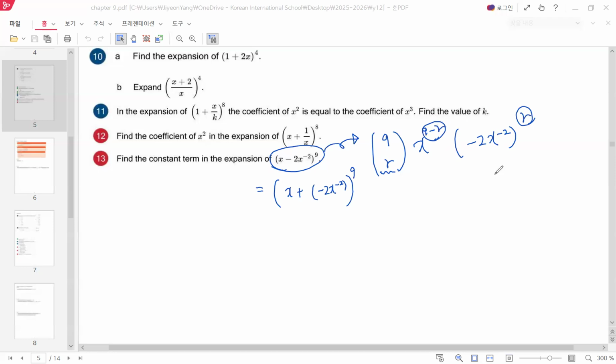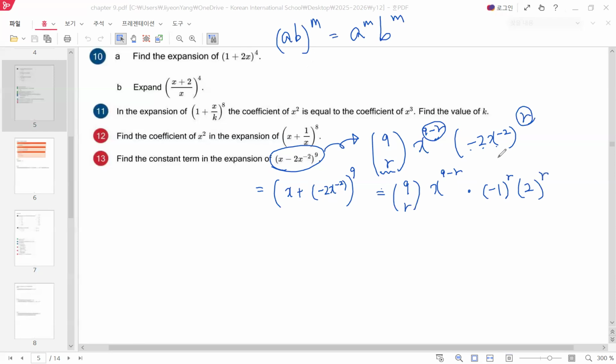And then students, 9 and r, x to the power of 9 minus r. Then you can separate this one as, guys, (ab) to the power of m. You can write it as a to the power of m times b to the power of m, right? By using this method, you can separate all these three terms. So negative 1 to the power of r, 2 to the power of r, or simply negative 2 to the power of r is okay as well.